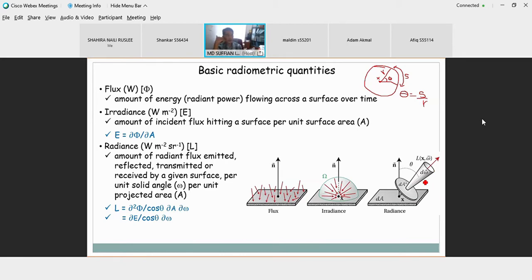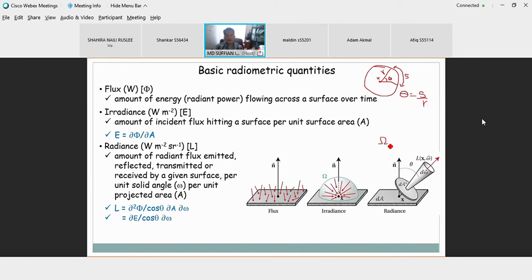So kalau you boleh pandang lagi jauh, bermaksud bahawa dia akan cover lebih banyak area. Okay. So untuk solid angle, kalau radian S per R, tapi kalau solid angle, unit dia adalah omega.